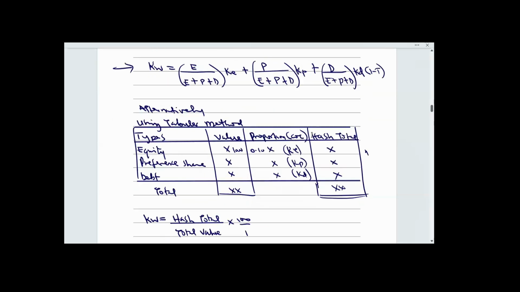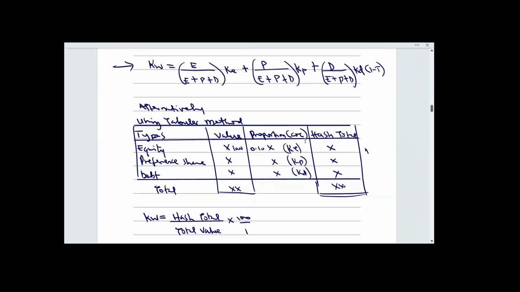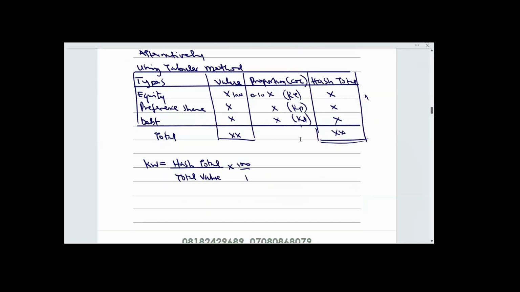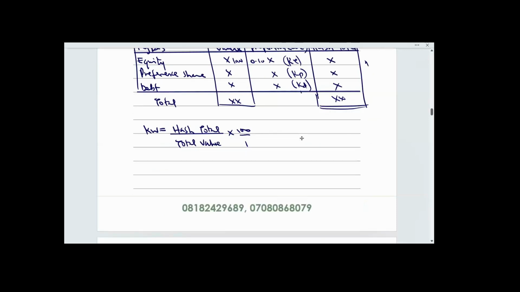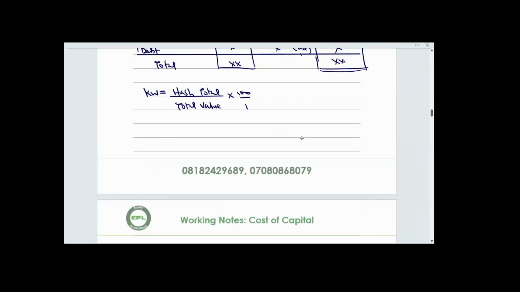Okay, you would have already incorporated tax. When you are calculating your cost of debt, you would have adjusted for tax. You know, when you are calculating cost of debt, ordinarily you are supposed to adjust for tax. When you are calculating the post-tax interest, you use the coupon rate, the interest rate.